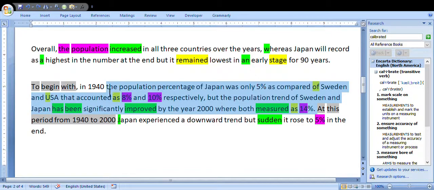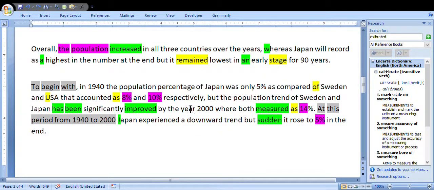All of this is all one sentence. 1, 2, 3, 4, 5, 6. 6 verbs. Far too many clauses in one sentence. Your punctuation, you've got to look at that.